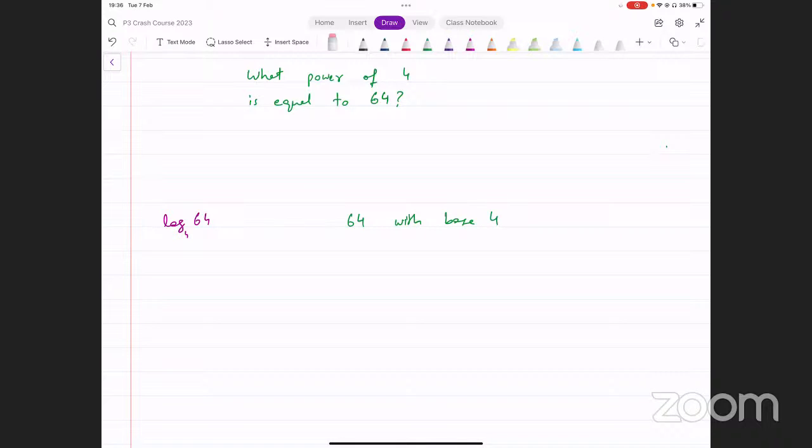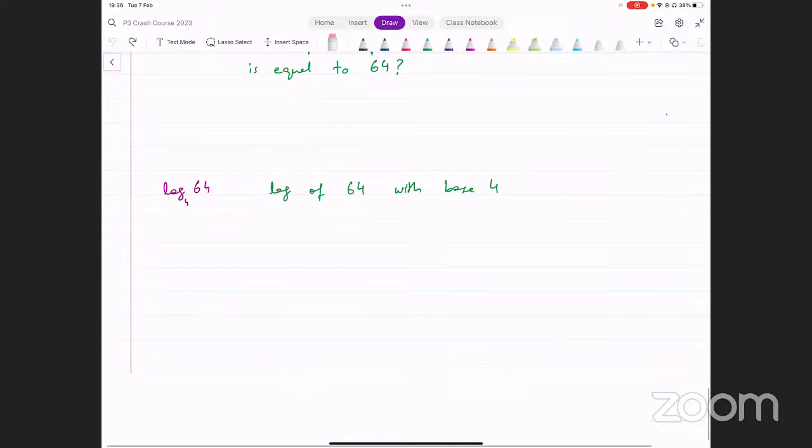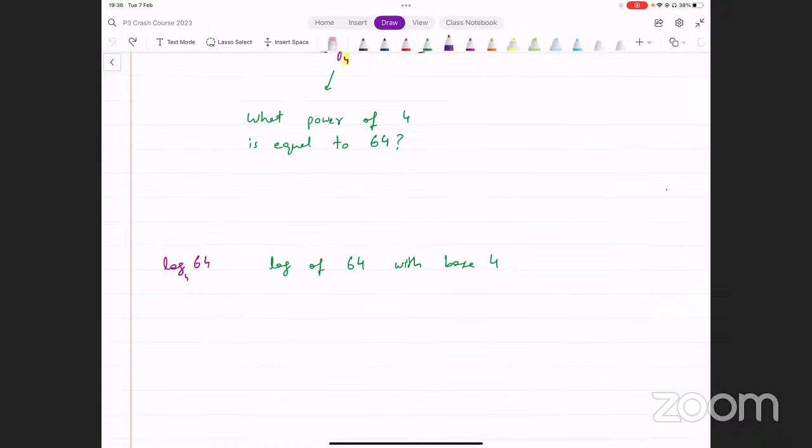If we have something like this written, log of 64 with base 4, this is how we read it. We're taking log of the number 64, and the base is 4. All right.